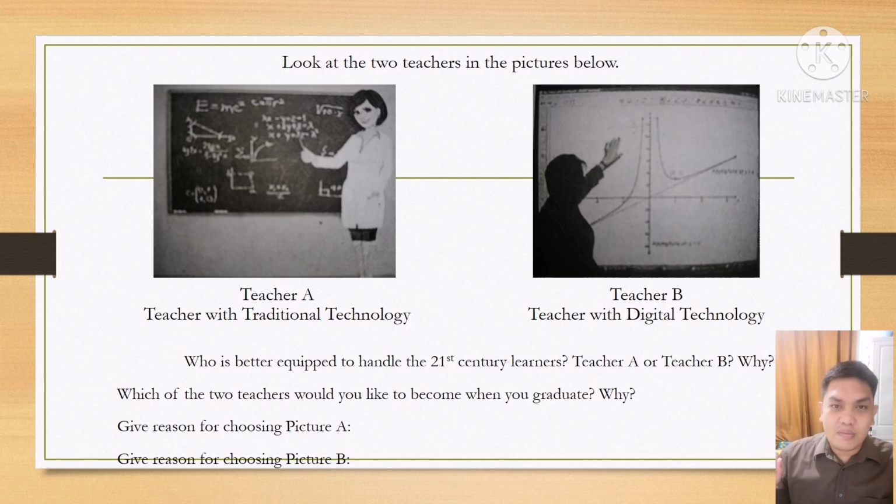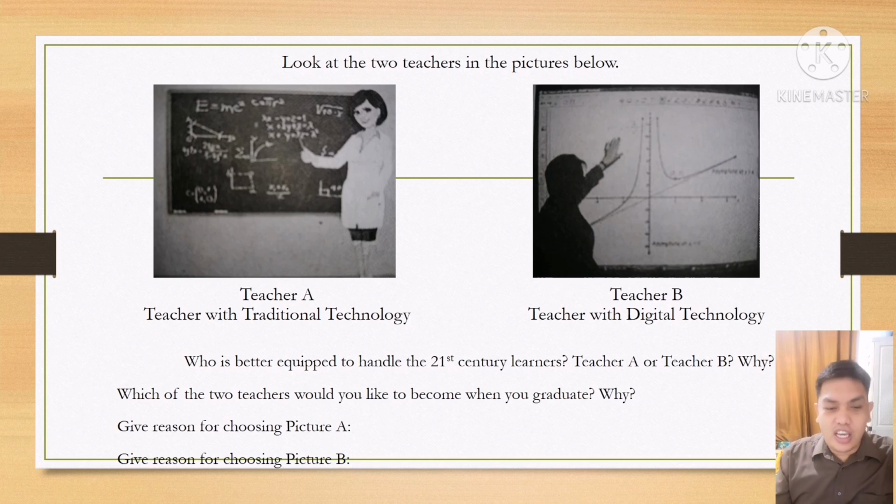Kasi madami tayong klase ng technology in teaching. Meron nga tayo dyan tinatawag na MP4 or MP3. Alam niyo ba ibig sabihin nun? So, MP3 or MP4 means Manila paper 3 pages or Manila paper 4 pages. That's still technology, pero luma lang.